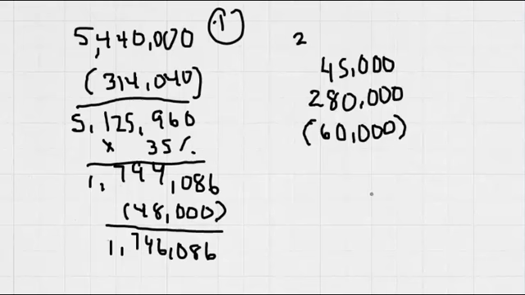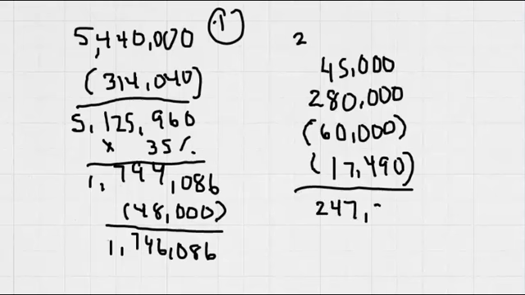And then we can't forget about our reversing out the state taxes. So we've just recalculated this amount to be 17,490. Okay, and so all of this together gets us 247,510.